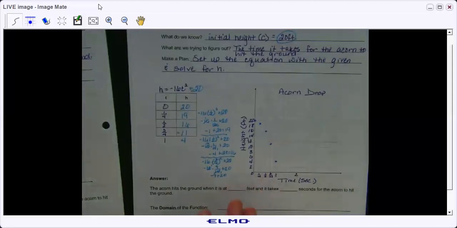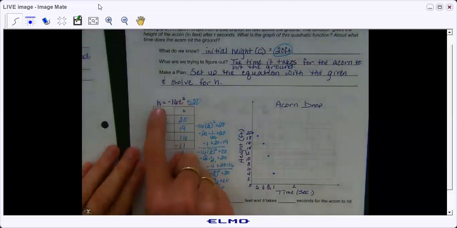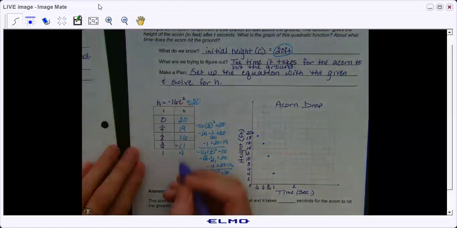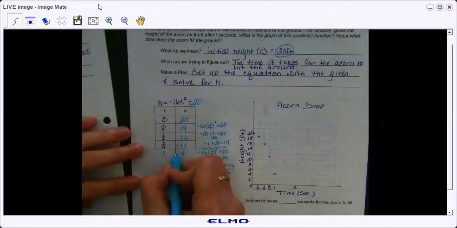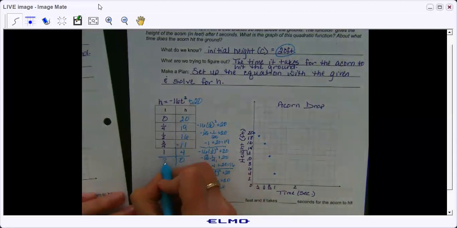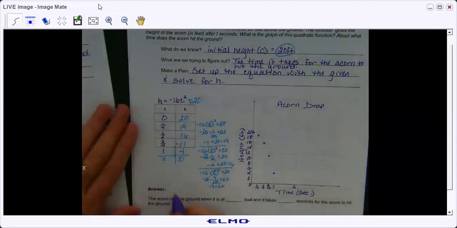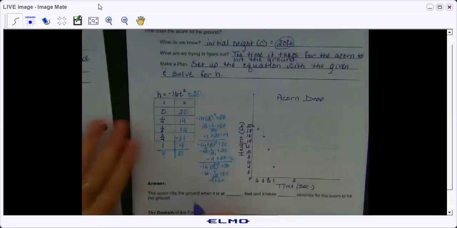Well, if I wanted to know at what time my height is 0, I would just plug in 0 here to figure this out. So I'm going to solve for 0. Now, when I solve for 0, I will have an estimated answer.